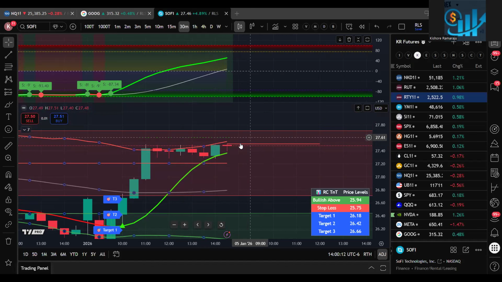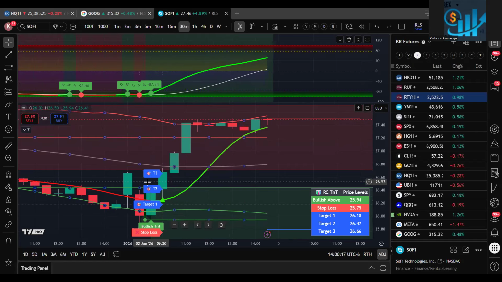These are bullish engulfing candles. If you see a nice green candle with a small wick, those are bullish candles. So as of now, you don't see any bearish candle. If suddenly you see a nice bearish candle, and then you generally get a bearish tag and turn, then we can open puts for Sophie. Mostly tomorrow we may see a reversal on Sophie.